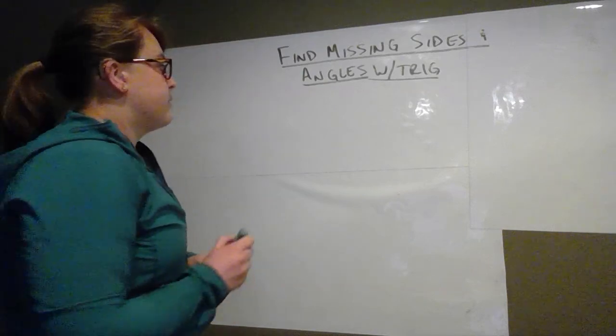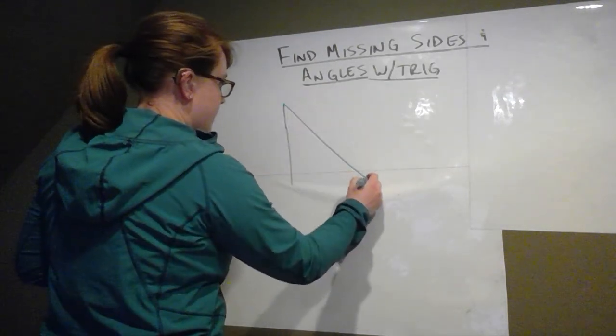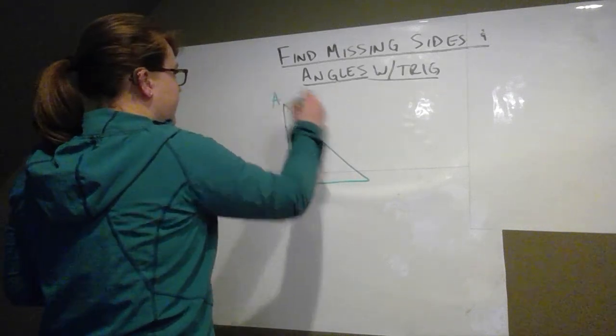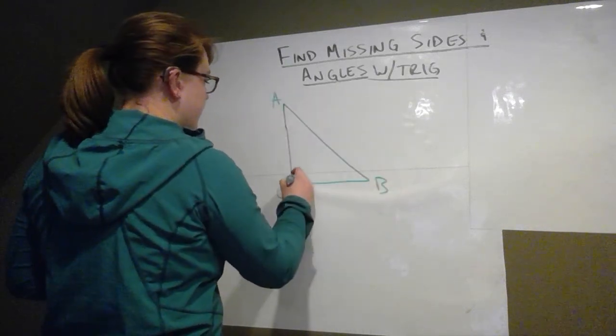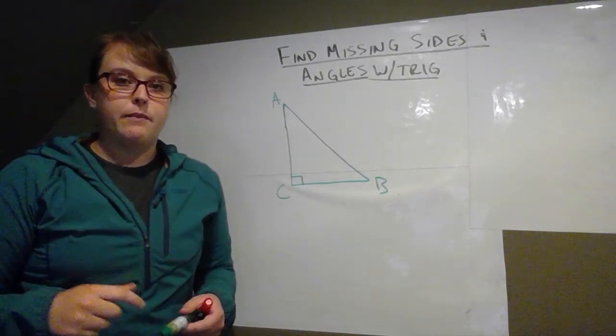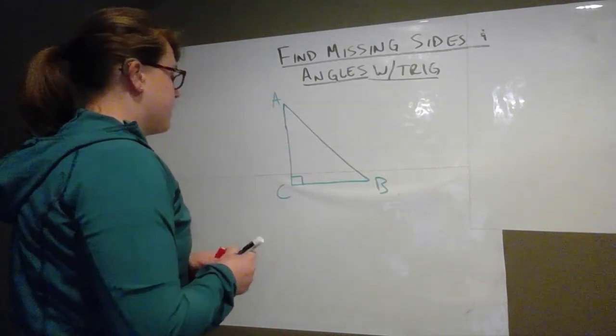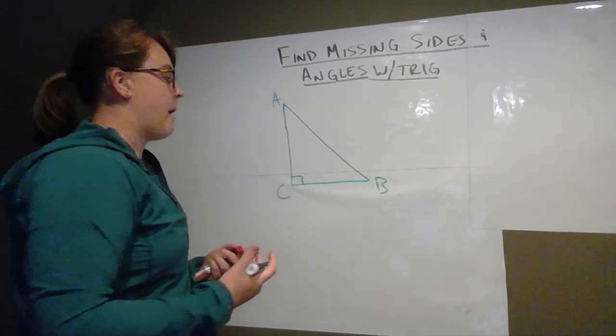The first thing we'll see is we're usually given a right triangle. We'll call this one ABC. For this first example, we're going to find a missing side. Usually they'll give you some more information about the triangle.